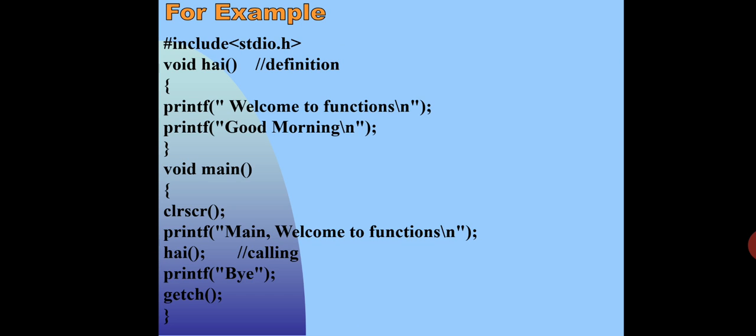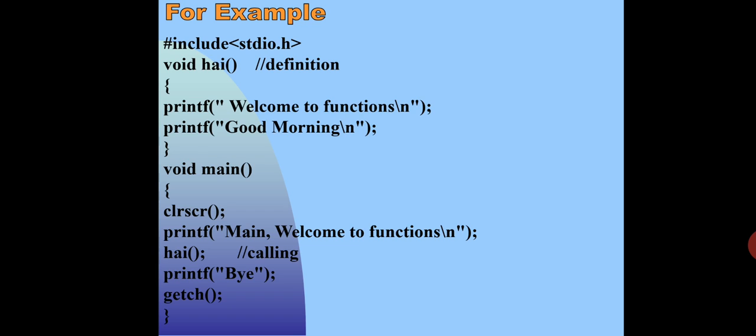If we are defining the function inside the main function, we want to declare it in the global declaration portion. That means before the main function starts. Just give the declaration there.